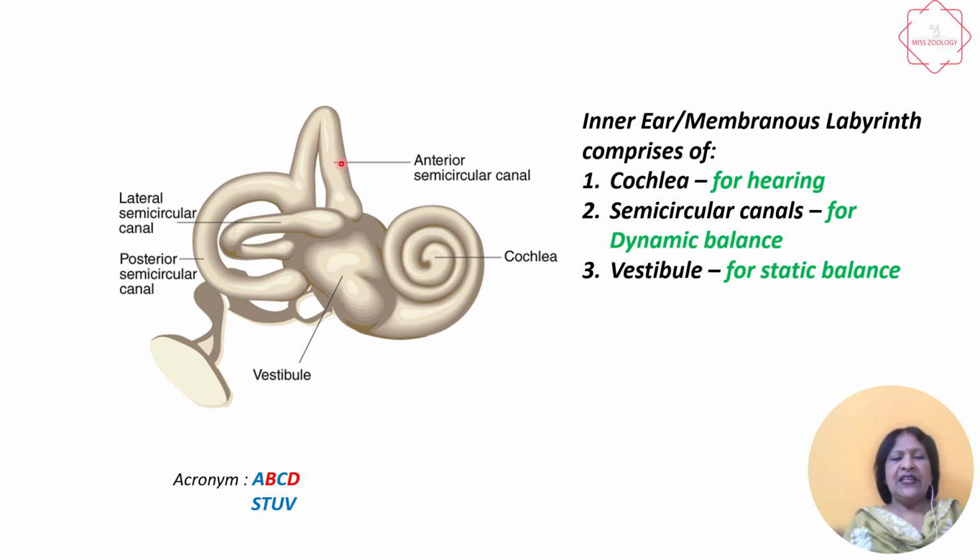And here, when the head is moving in the forward direction, this anterior semicircular canal can detect those movements, because when the head is in a nodding state, the gelatinous covering over the stereocilia slips onto one side, and those are detected by the crista present on the anterior semicircular canal, and then they bring the balance by putting the head in the upright position.